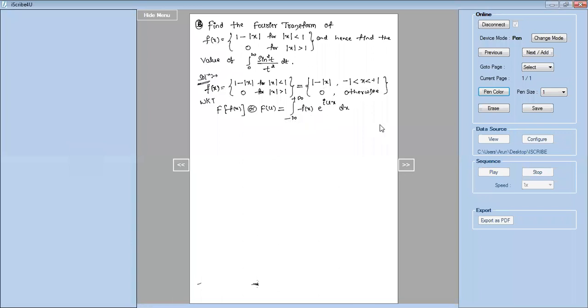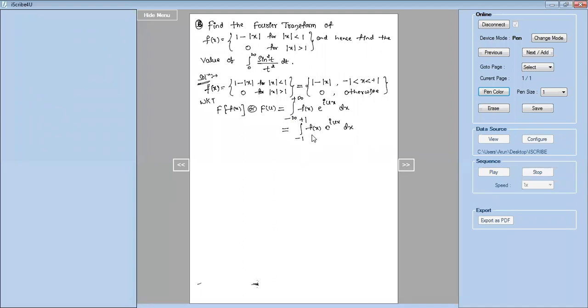So this is equal to integral minus 1 to plus 1 f of x e power iux into dx. Right? So we replaced this limit by minus 1 to plus 1.